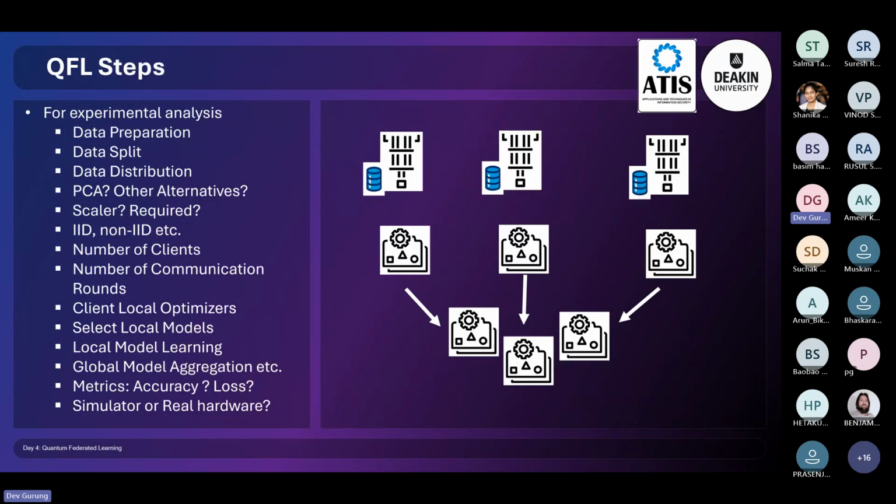How do we define the number of clients, the number of communication rounds, and what do you select for optimizers, local models? What kind of local models do you want to select? And how do you go about training your model? What can be the aggregation protocols? And most importantly, what do you want to get from this experiment itself? What are the metrics that you are trying to show to your readers?